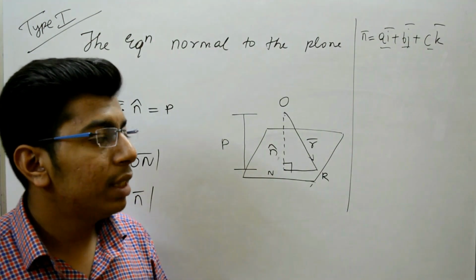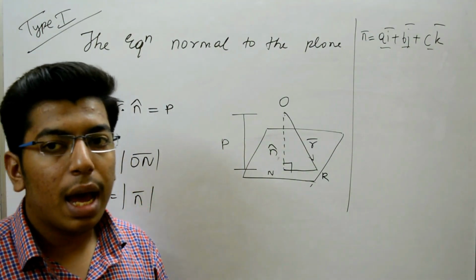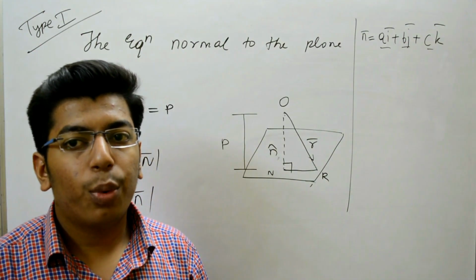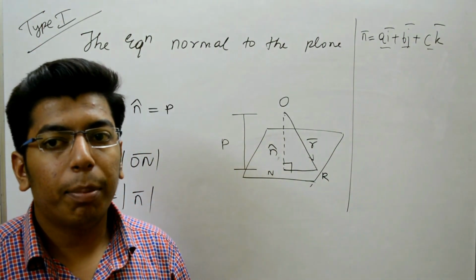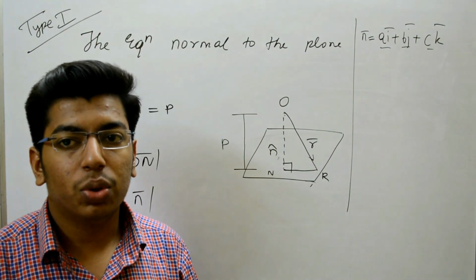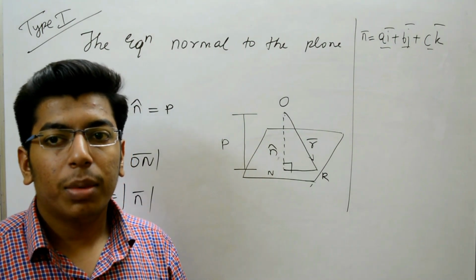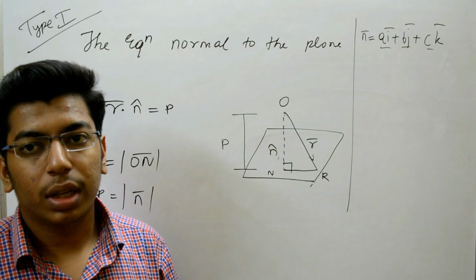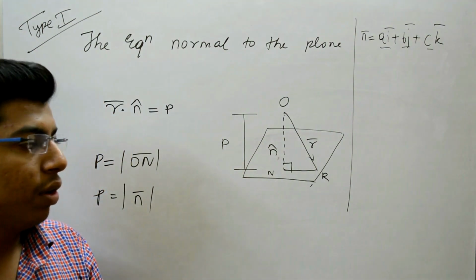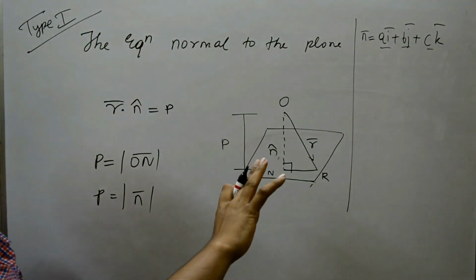So write it down: if n bar is equal to ai bar plus bj bar plus ck bar is the vector normal to the plane, then its direction ratios are (a, b, c). This is the first remark.